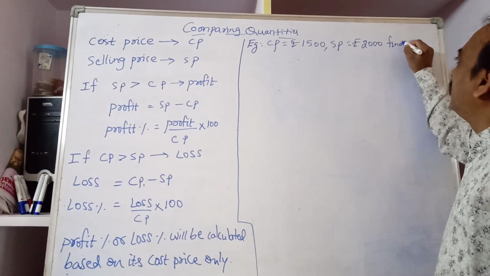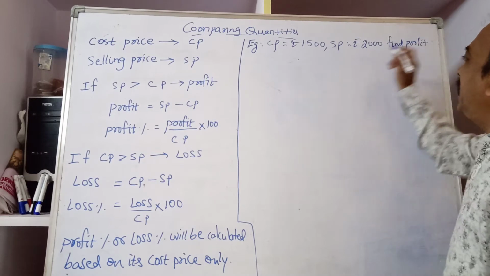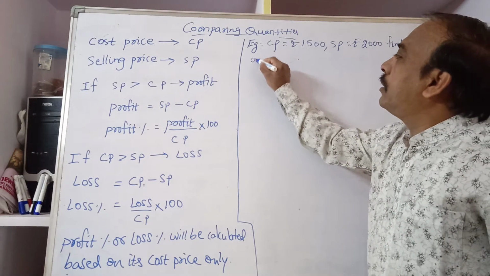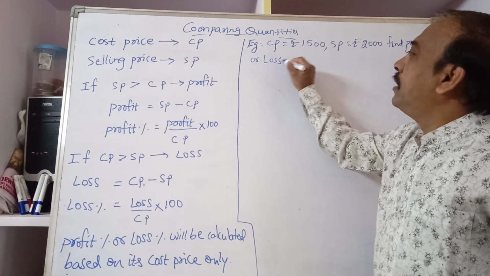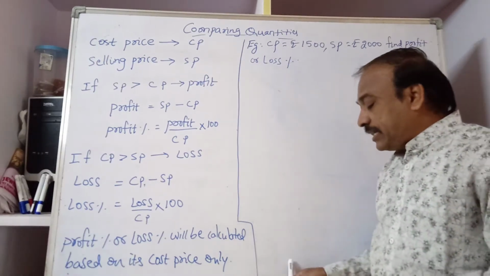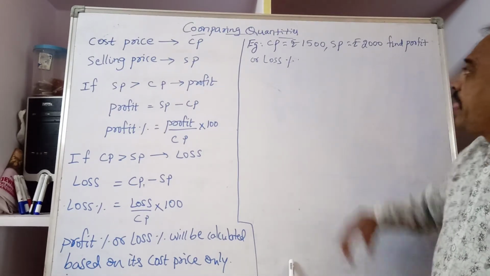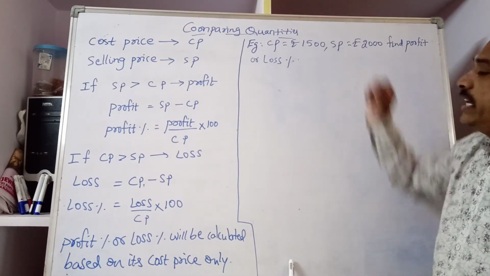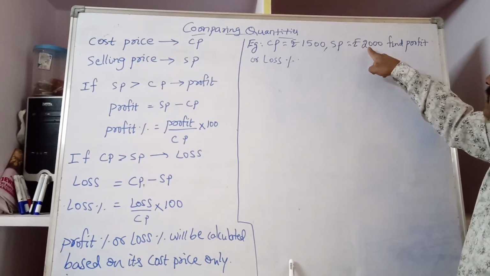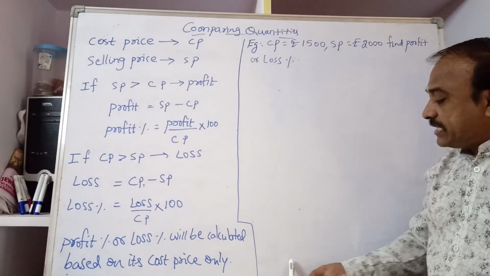Find profit or loss percent. You have to decide whether he is getting profit or loss. So CP rupees 1500, SP is equal to rupees 2000. Find profit or loss percent.